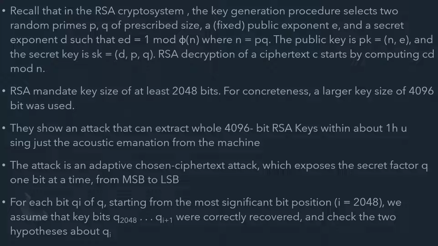Whenever the decryption is going on, as soon as we hear a sound, we try to catch the first bit, which could be a 0 or a 1. So we go from the most significant bit to the least significant bit until we recover all the bits of P and Q. And then with P and Q, we can decrypt our cipher message.